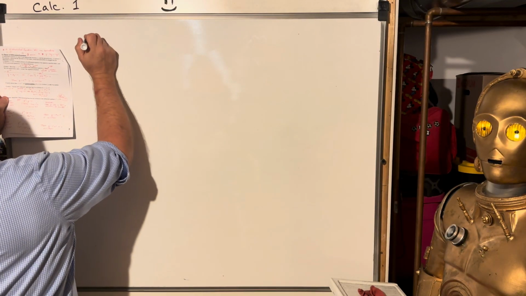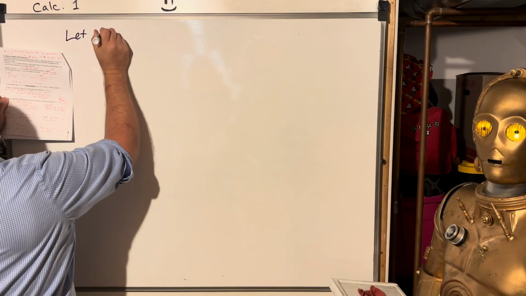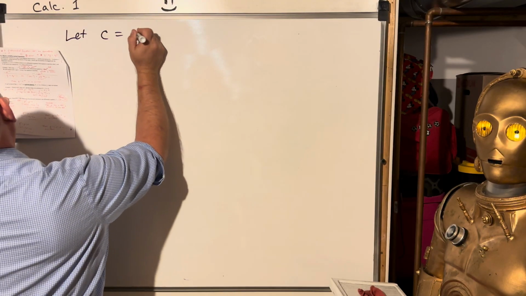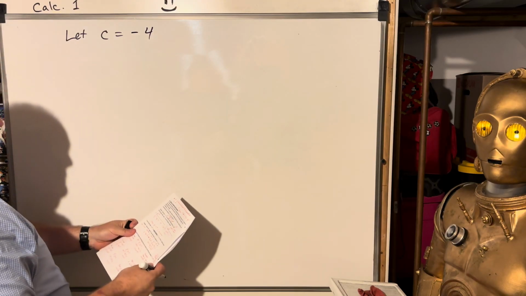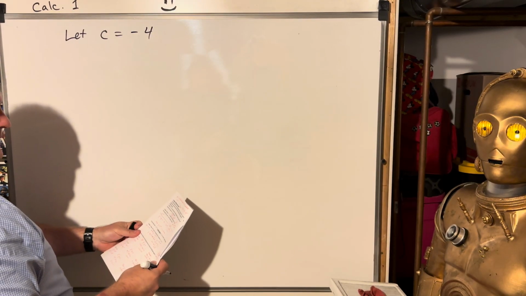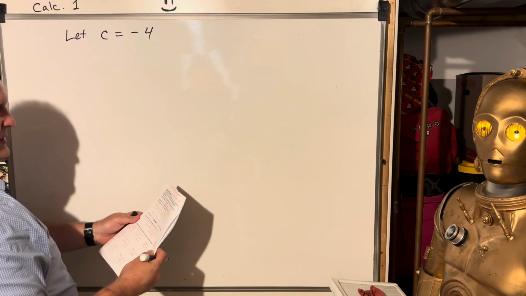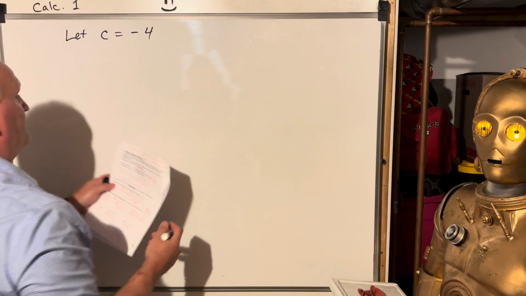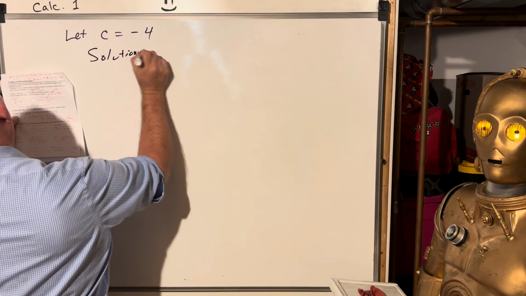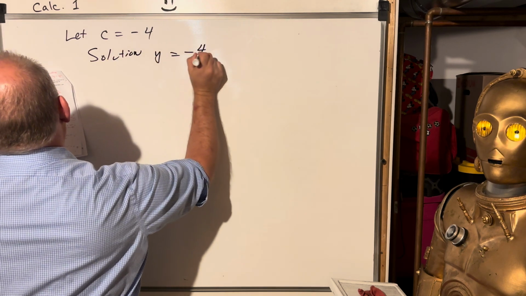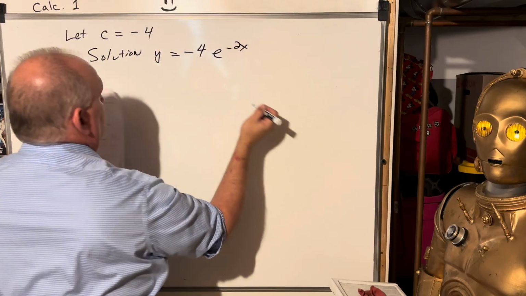So let c equal negative 4. That's a number, any value of c. Then the solution would be y equals negative 4e to the negative 2x.